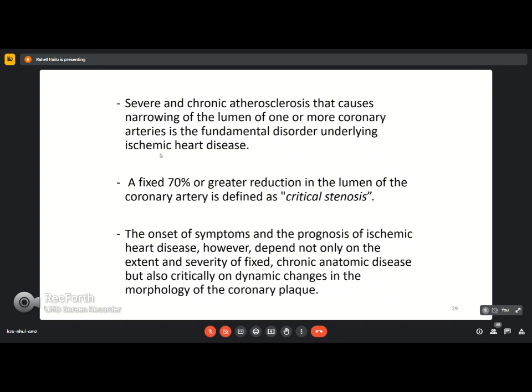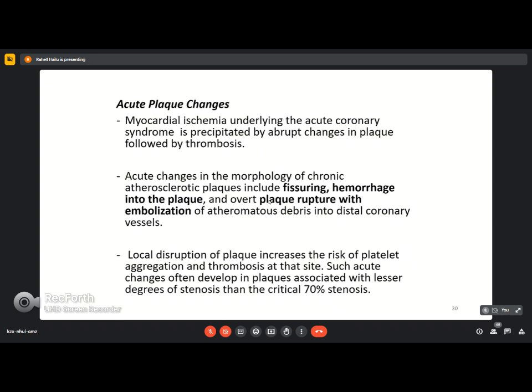So severe chronic atherosclerosis that causes narrowing of the lumen is the fundamental disorder underlying ischemic heart disease. With critical stenosis, it causes symptomatic disease, either angina, that's just chest pain. We'll see that later on.